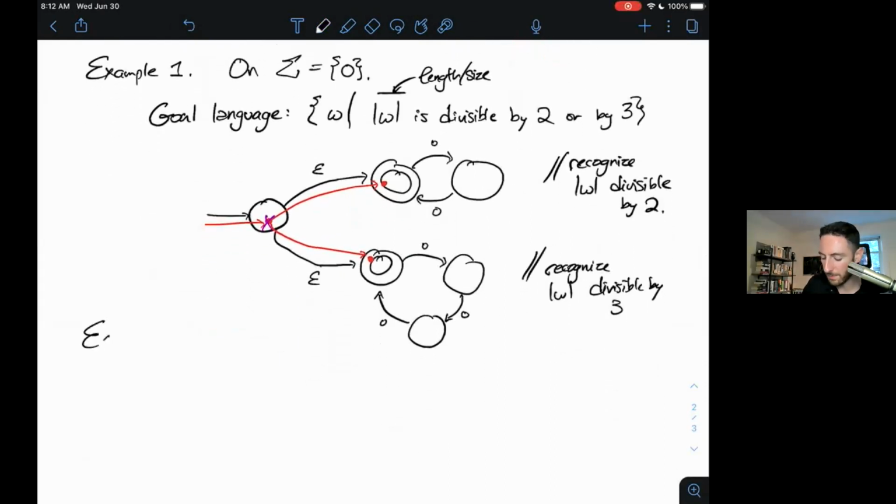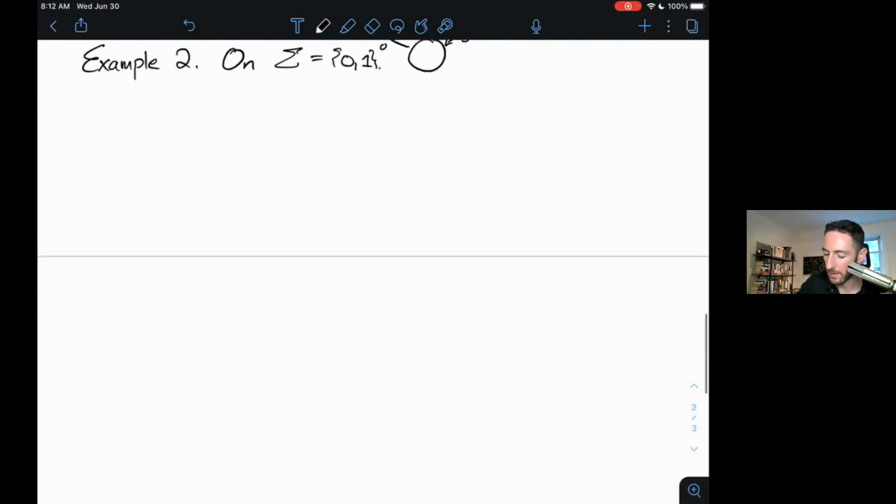Let's do one more example. So example 2. This time let's consider the language where sigma contains both 0 and 1. Scroll down a little bit so we're not paying so much attention to the previous diagram.